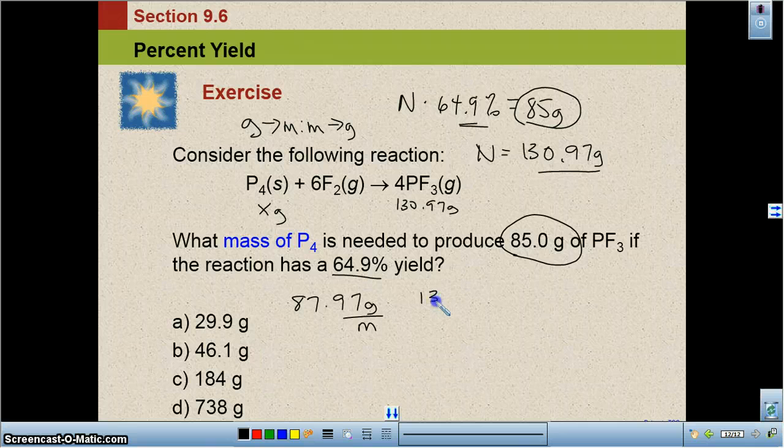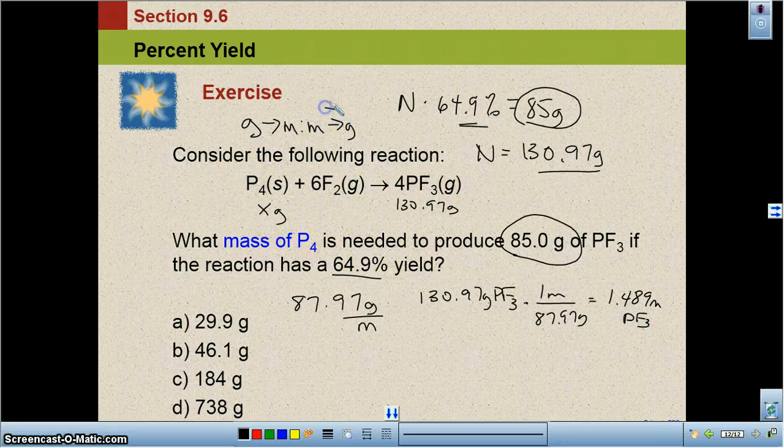So I have 130.97 grams of PF3. I'm going to multiply that times 1 mole over 87.97 grams. So 130.97 times 1 divided by 87.97 is going to be 1.489 moles of PF3.